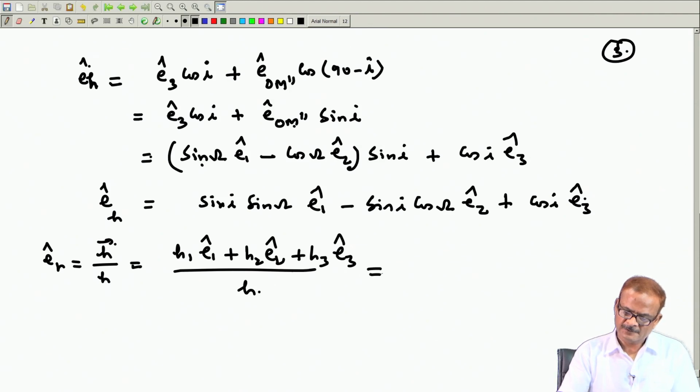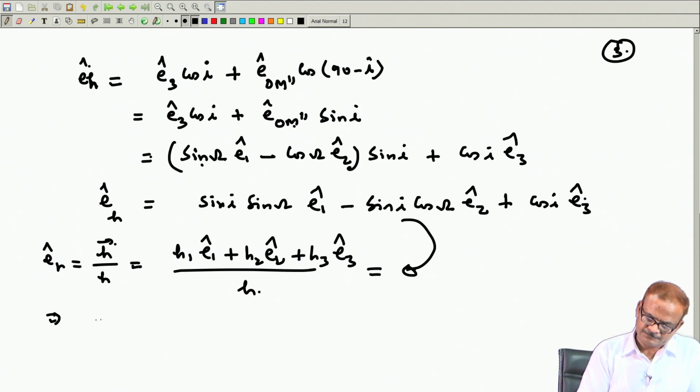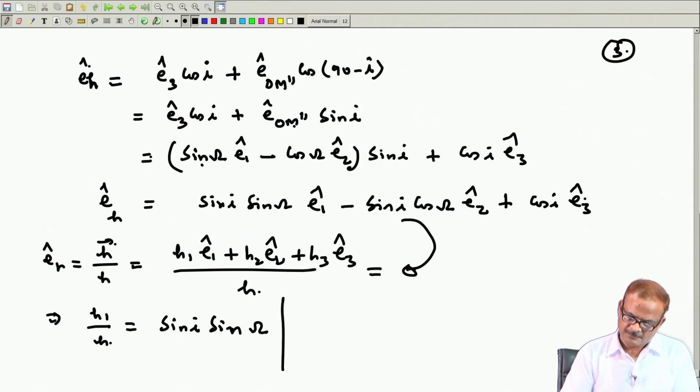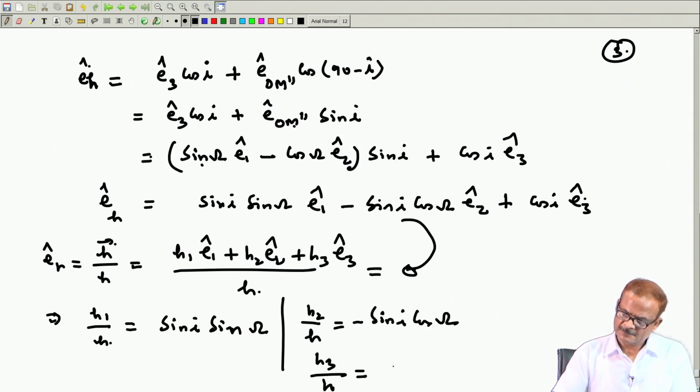So, this must be equal to this quantity here, and therefore, h 1 by h we can write as sin I times sin capital omega, h 2 by h equal to minus sin I times cos capital omega and h 3 divided by h equal to cos I.